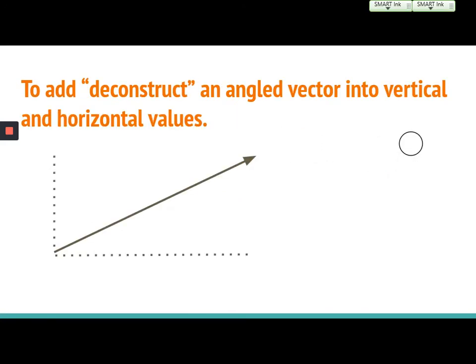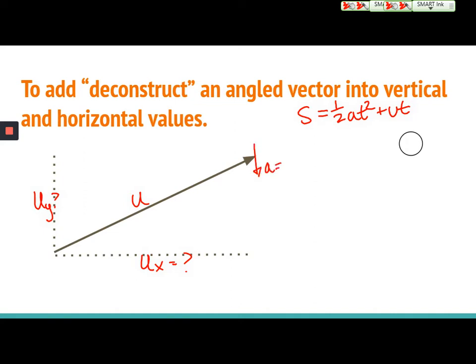What about if we have a vector, a direction, and we want to be able to use our equations? We can't do this equation until we know our ux and our uy. I can't do either of those equations until I have an x or a y, because my acceleration is straight down, because a is only in the y direction.